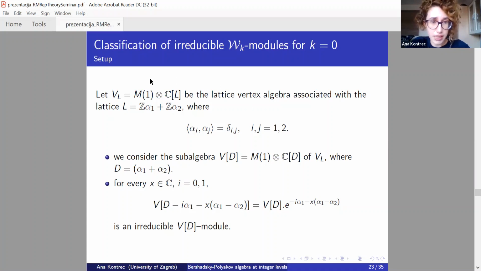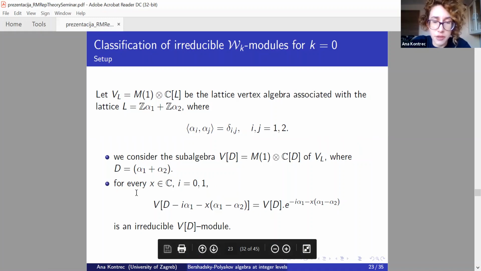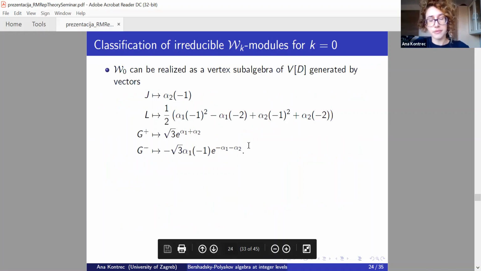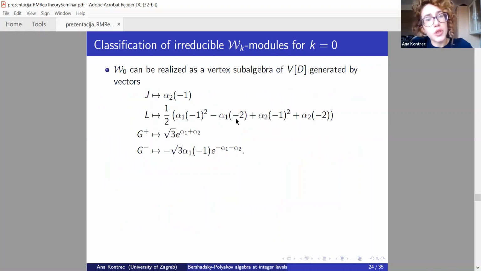Okay, so we take this lattice VOA here and consider a certain subalgebra of this lattice VOA. And then we know that these are the irreducible V_D modules. So what holds here is that W0 can be realized as a vertex subalgebra V_D in this way.